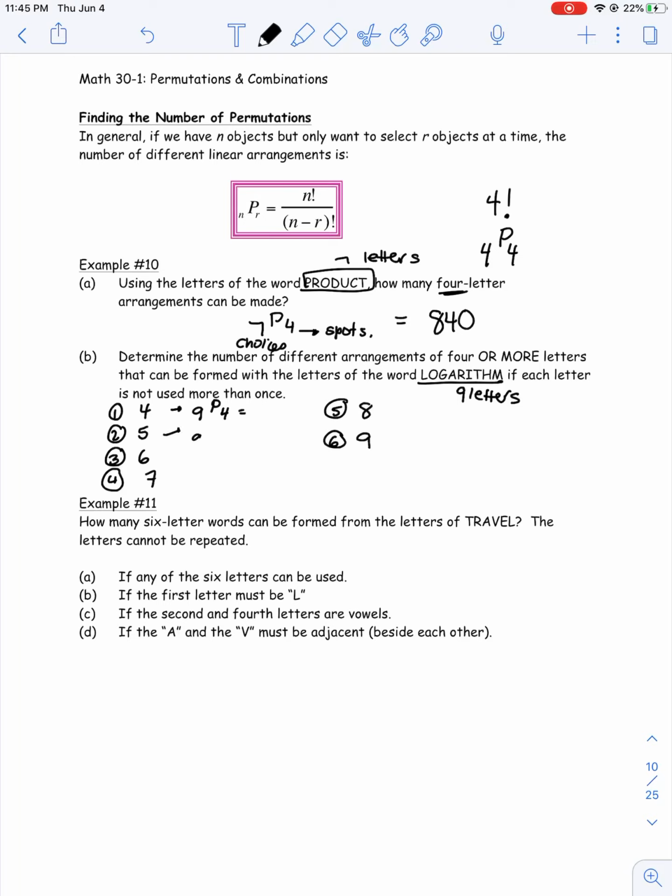And then our next one would be 9P5, 9P6, 9P7, 9P8, and 9P9. So you would put this all into your calculator by adding them, and when you added them, you'd get 985,824.